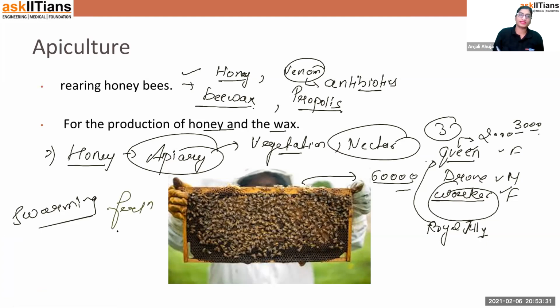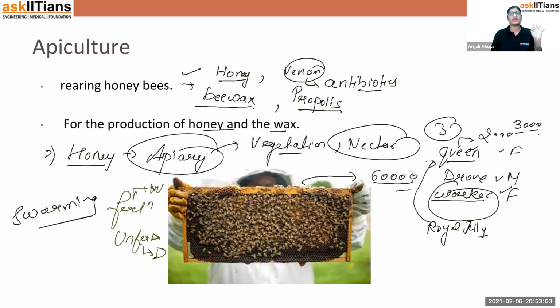One is fertilized and one is unfertilized. Fertilized is the one that forms the worker, and unfertilized is the one that forms the drone. Now the point is that drone is made from the unfertilized egg, and worker is made from the fertilized egg. Remember? Clear?